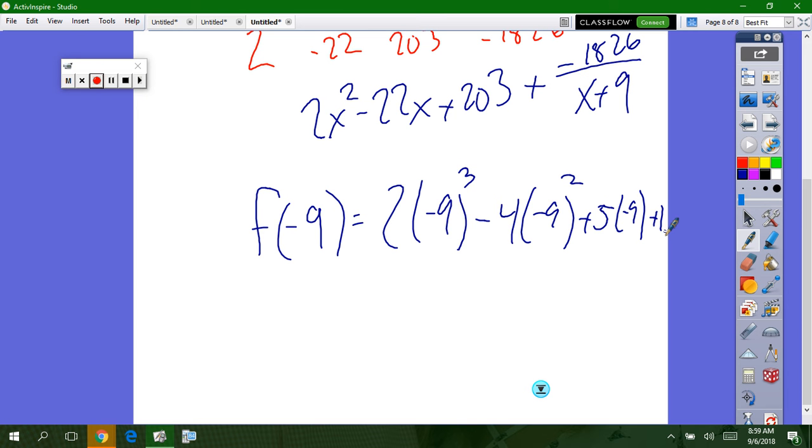This is called the remainder theorem, which is what I'm going to show you right now. Does everybody get it? If you'll notice, when I plug in whatever I'm dividing by, it'll tell me my result. The remainder will tell me the result of plugging it into the function. So f of negative 9 is negative 1826.